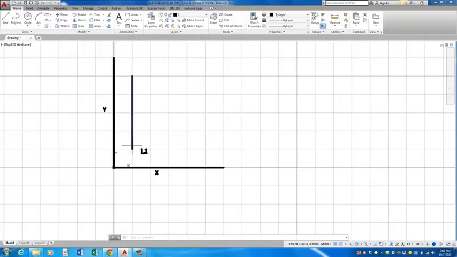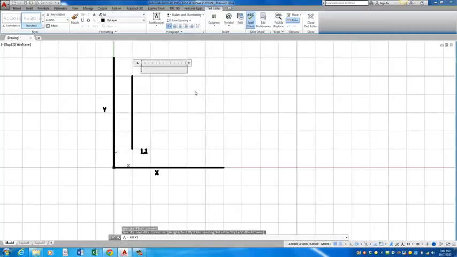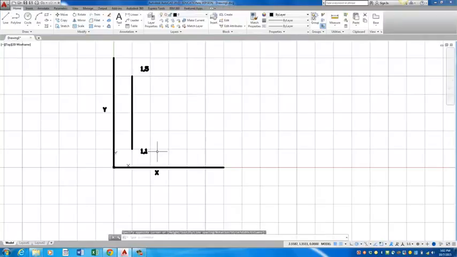If we count it, we moved 1, 2, 3, 4 squares in the y positive direction. The coordinates for this point are 1, 5. So this point right here is 1, 5.